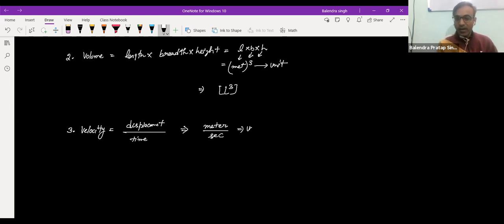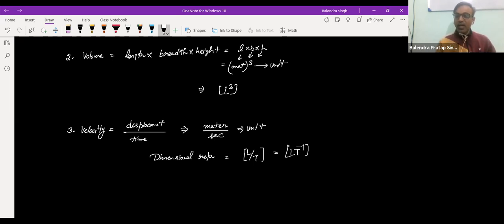And how do we represent velocity in terms of dimensions, the dimensional representation? L by T, very good. The standard form of writing L by T is LT minus 1.